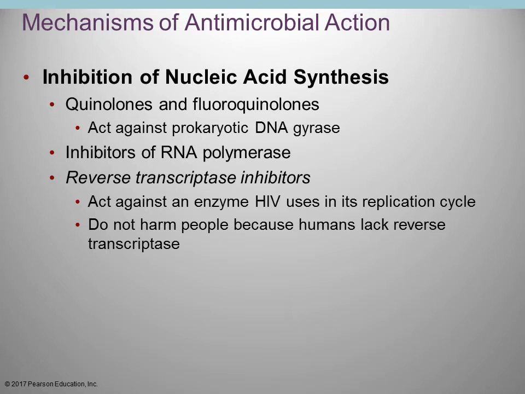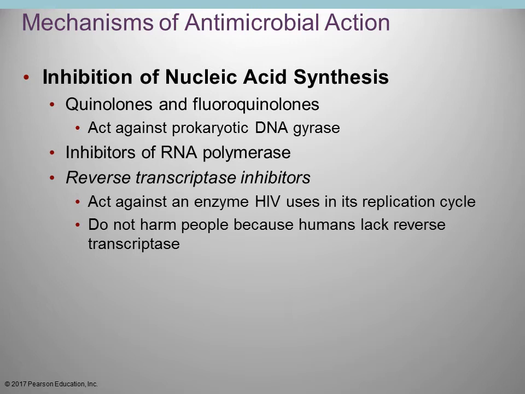Reverse transcriptase inhibitors. All right, humans do not make reverse transcriptase. That is an enzyme that uses RNA as a template to make DNA. So you might think, okay, well, why would you have an inhibitor if we don't even have that? Well, an example of that is the HIV virus does produce a reverse transcriptase.